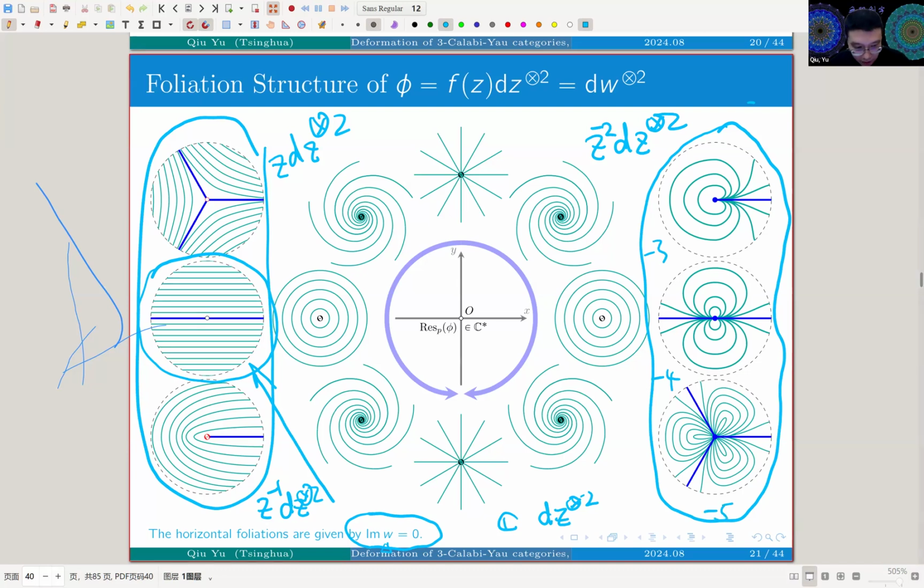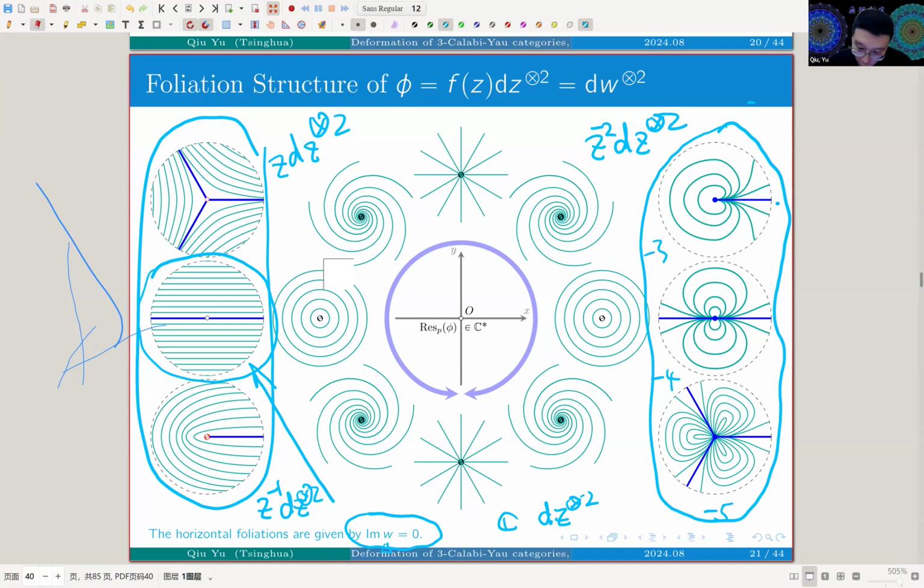You see that the number of distinguished directions at a singularity is always the absolute value of the order plus 2. So for -3, -3 + 2 is -1, and taking the absolute value, there is just one distinguished direction.